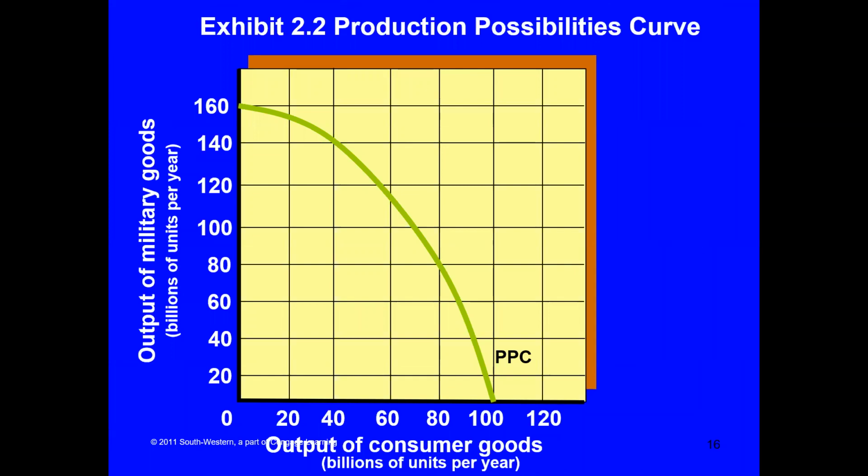So here we've got military goods and consumer goods. On the vertical axis, we've got billions of units, and on the horizontal axis, we've got billions of units as well. If in the society we were only going to be focused on producing military goods, no consumer goods, so everybody is on the military goods production line, we can make 160 billion units of military goods.